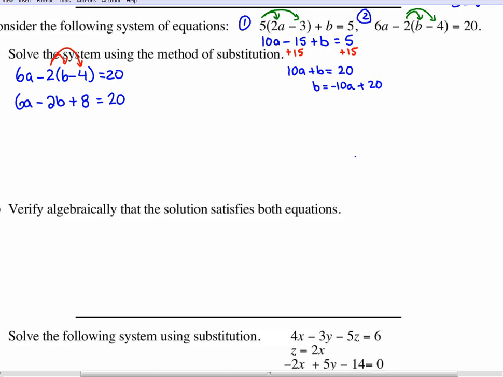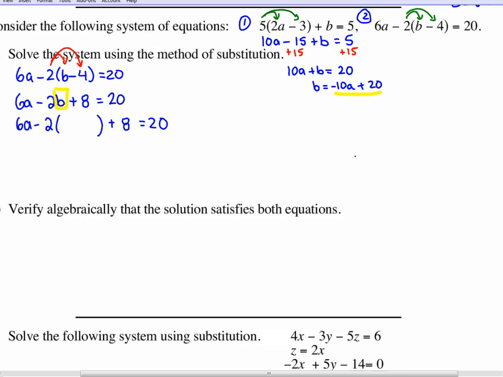So we're replacing which variable? B. We're going to replace b with what? Negative 10a. So whenever you replace a variable, put it in brackets, especially if it has a coefficient. Plus 8 equals 20. So we're replacing b with what b equals, and b is equal to negative 10a plus 20.